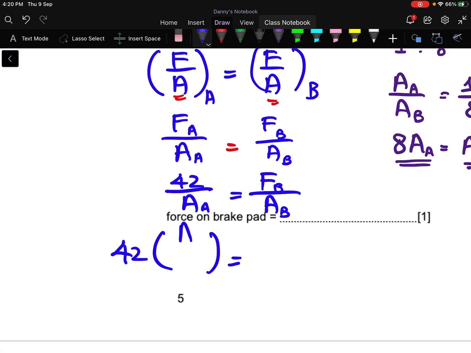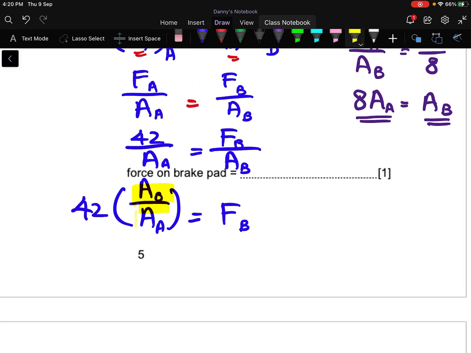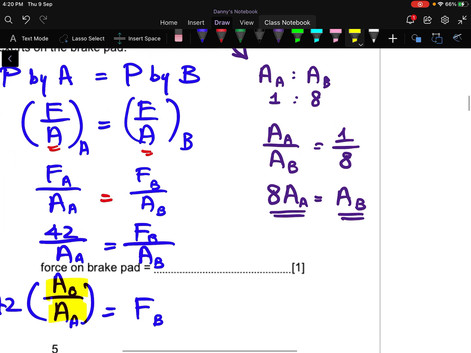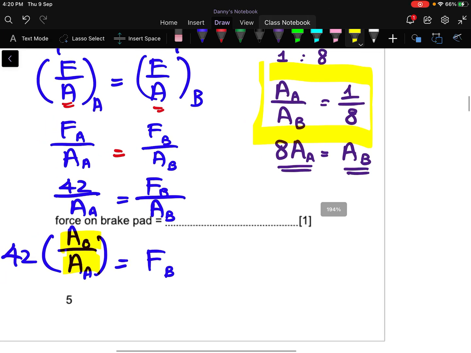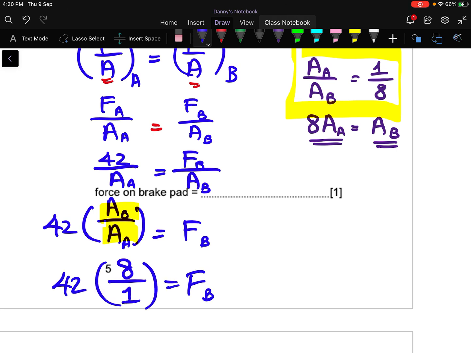I take this 42 out, then I bring this A like that. And this fraction I can see from here: AA over AB is 1/8, so AB over AA will be this. That's how you get your answer, which is 340.